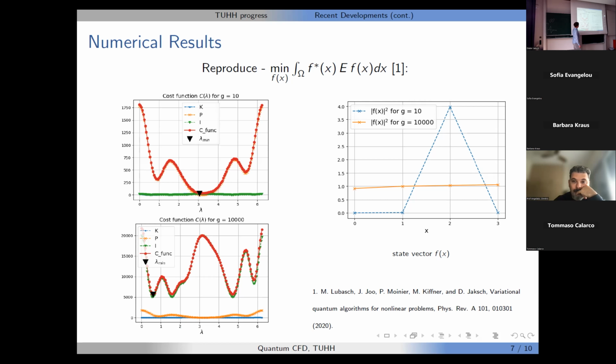Here we see that the overall cost function is spanned up by the Laplacian k, the potential term p, and the interaction term I. So if we take the factor g equals 10 before the interaction term, we basically have quite a high impact of k and p, and I is way lower. So this is why you see the green here in the bottom.